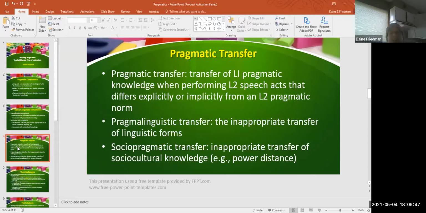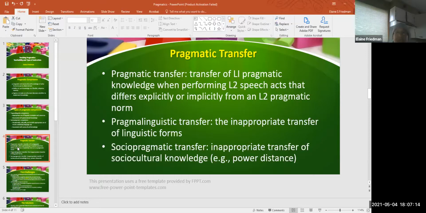Okay, so if you're making a request and you use the wrong word to make a request. So for example, instead of saying the word could, you use the word may. Okay, so that would be a pragmalinguistic transfer.